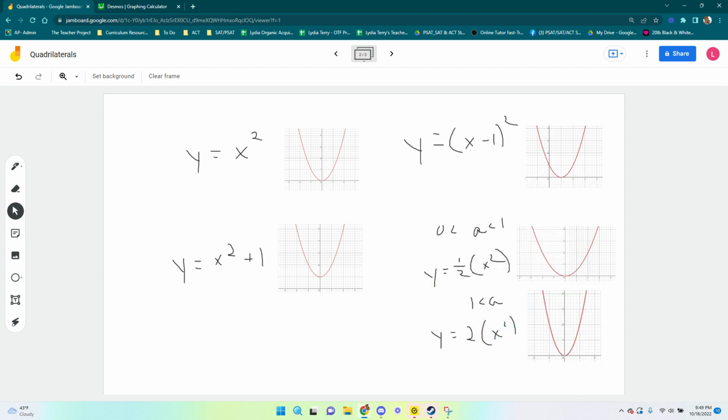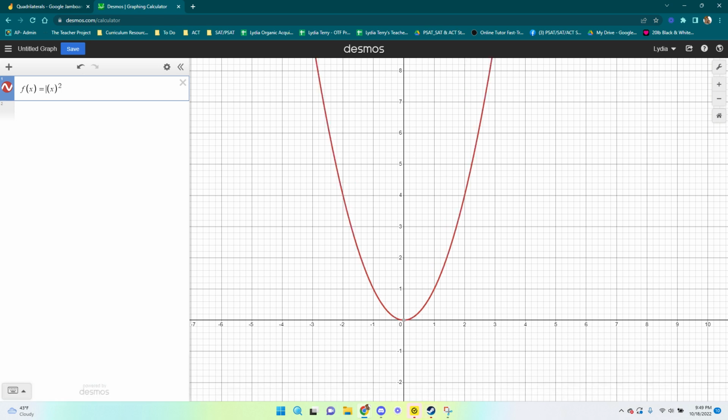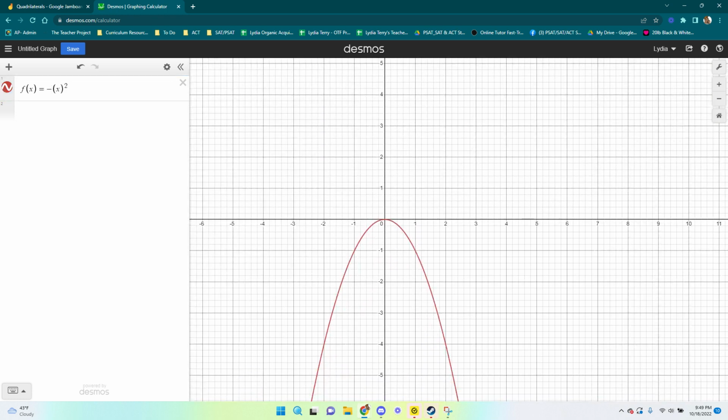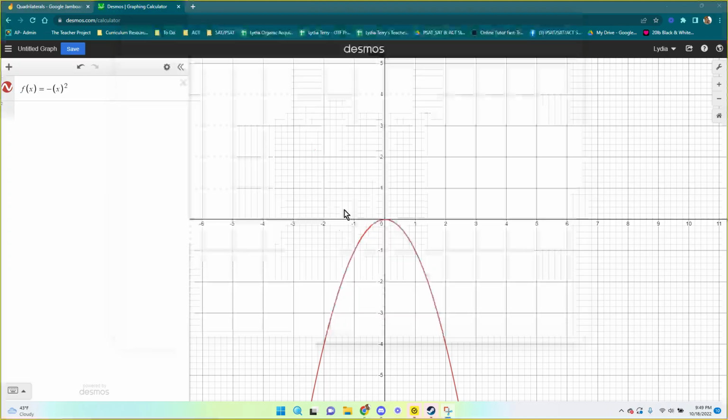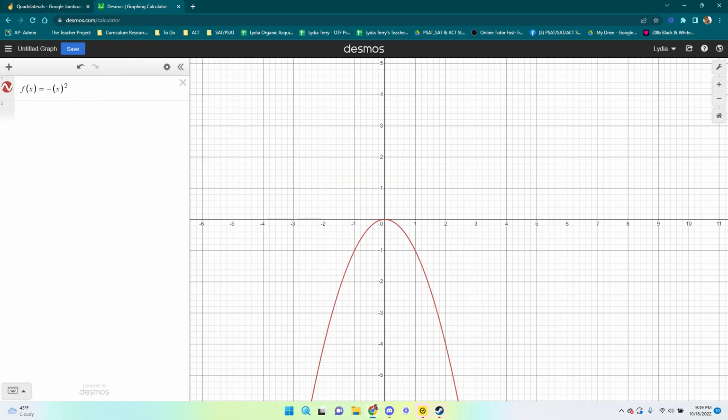Now, if I wanted this parabola to go down, I'm just going to have this be negative. The same rules apply for the A, except it's just going to be negative.